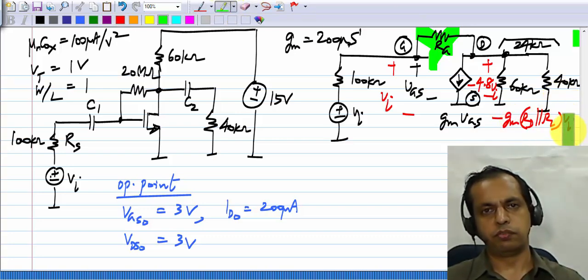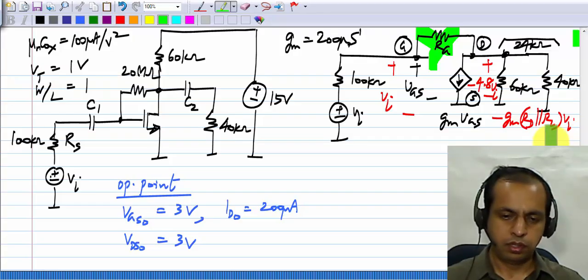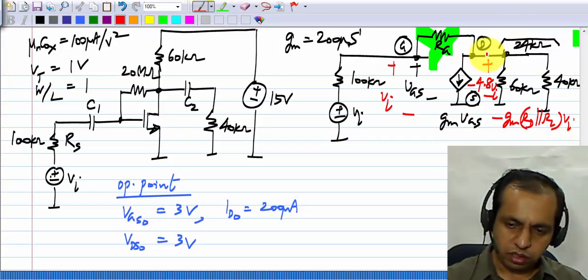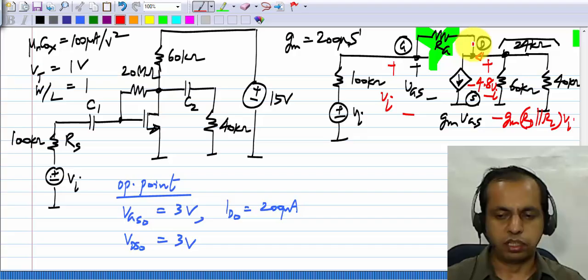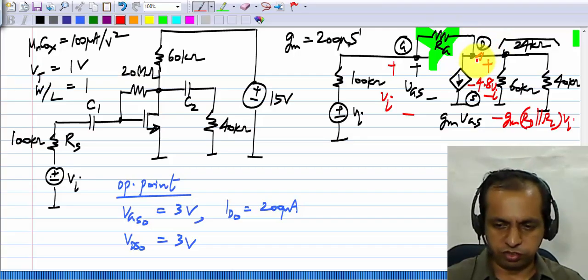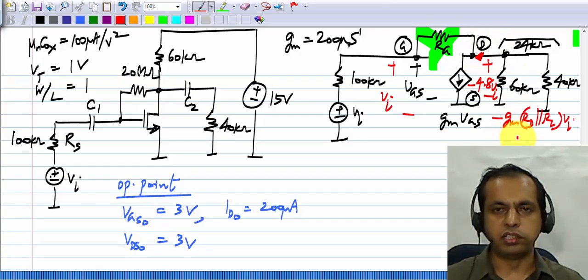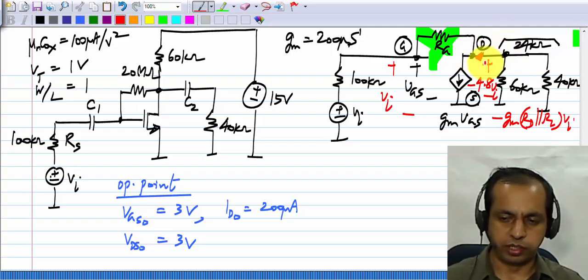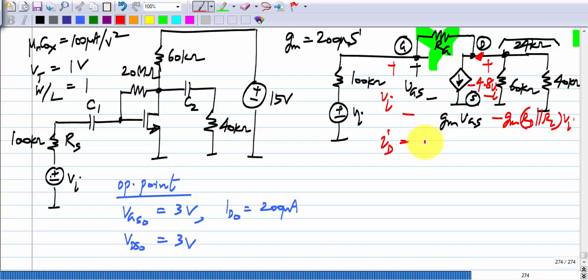This product is 4.8, and the drain current, again assuming no current through RG, all of it flows here, and that is equal to GM times VI. So the incremental drain current is GM times VI, or 200 microsiemens times VI.